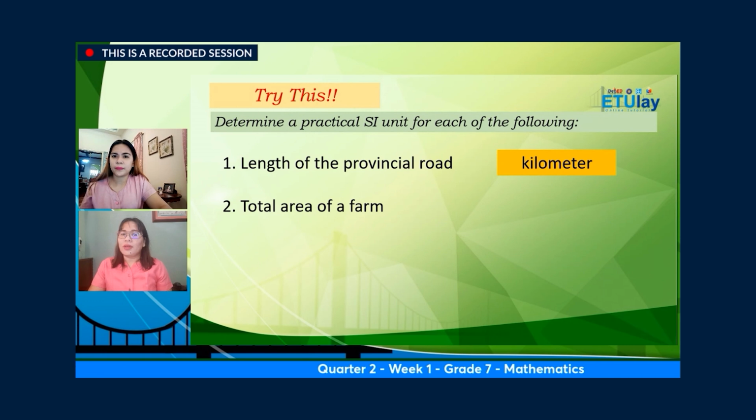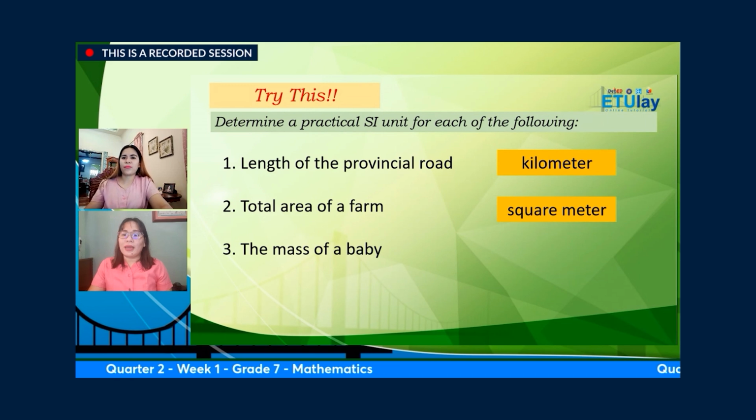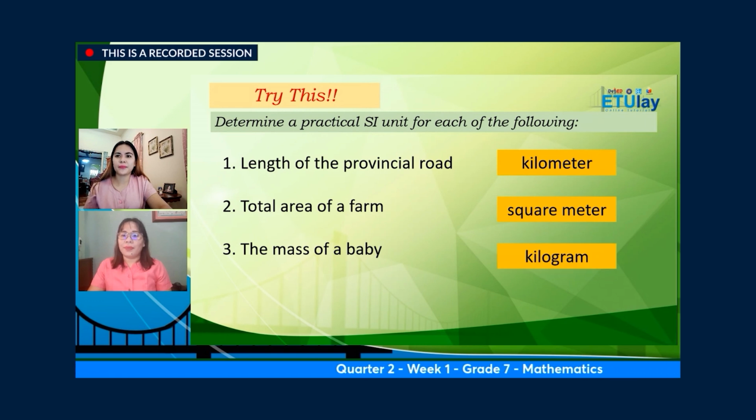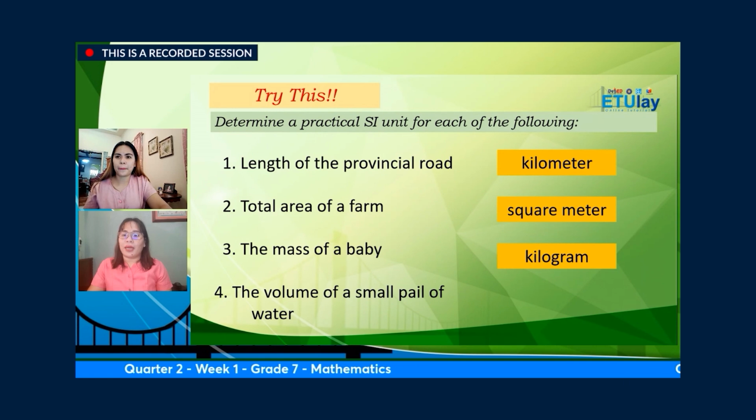Yeah, square meter. For number 3, the mass of a baby? And that is kilogram. Number 4, the volume of a small pail of water. That is liter.